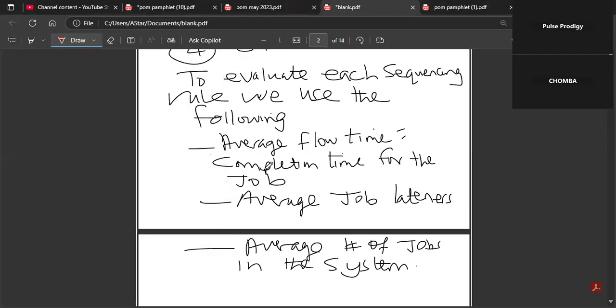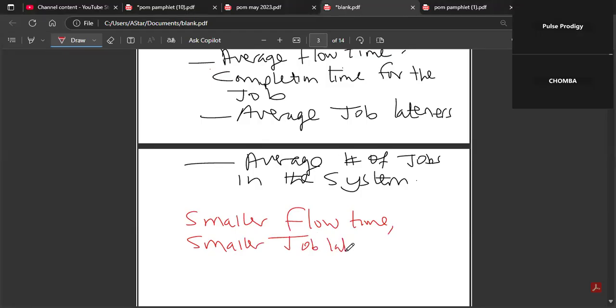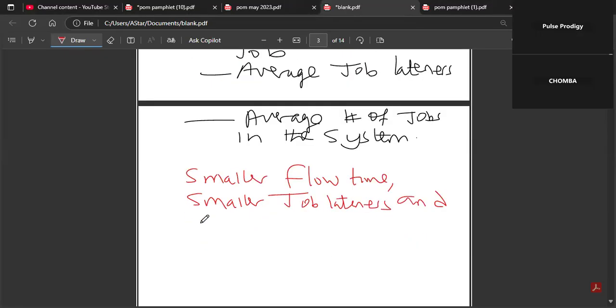So the smaller of each of them: smaller flow time, smaller job lateness, and fewer jobs in the system is better.